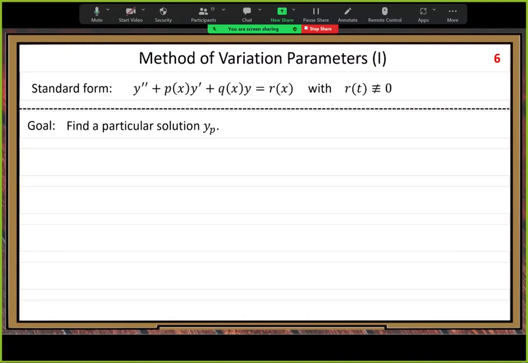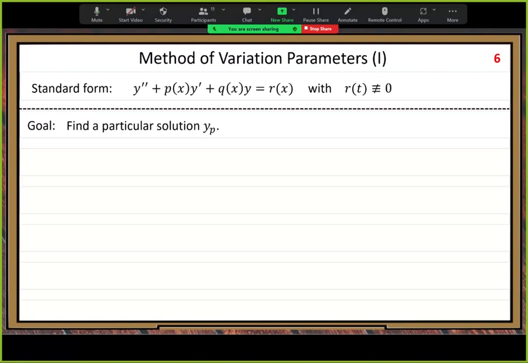Before we work on the whole derivation, suppose R of x equals 0, so we have the homogeneous equation. If P and Q are not constant, is it easy to find a solution? P function, Q function, not 0, not constant. It's hard, right? Currently we can only do the constant case.